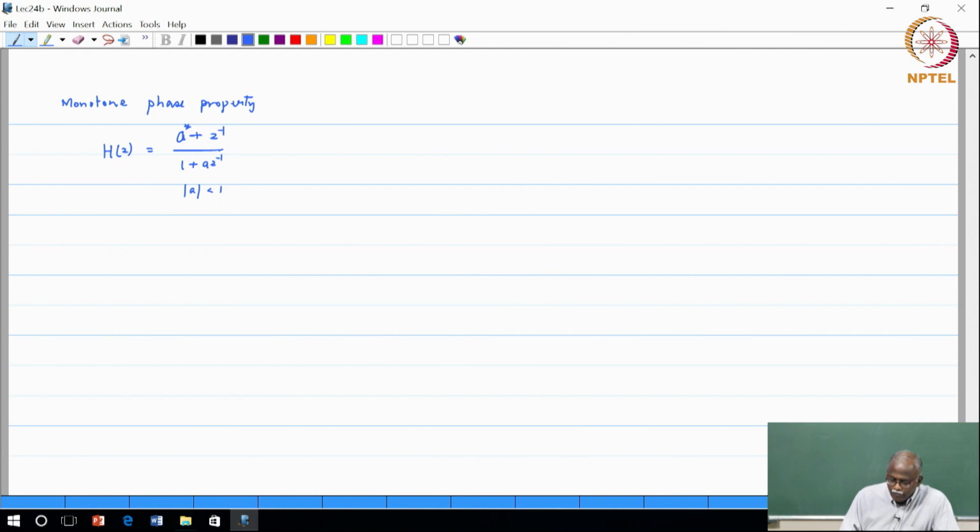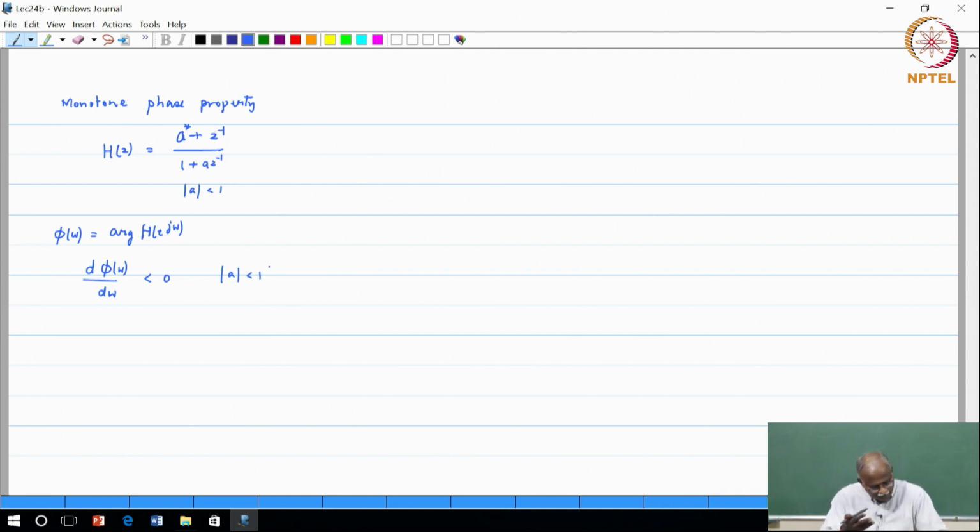Now if you write the argument of h of e to the j omega and call that phi of omega, show that d phi of omega by d omega is always less than 0 provided mod a is less than 1. That means it is a stable all pass. The argument of this first order all pass is monotone decreasing; the slope is always negative.